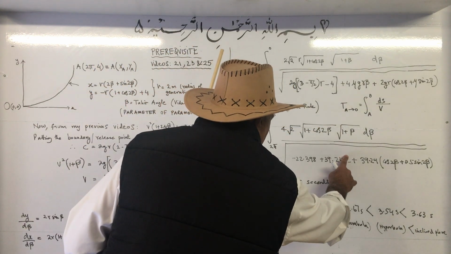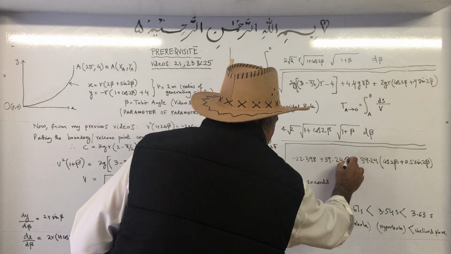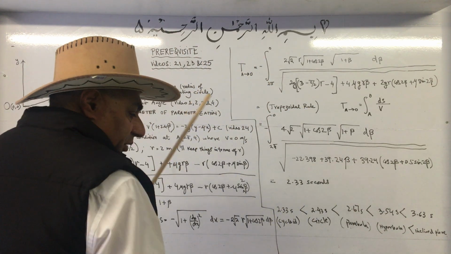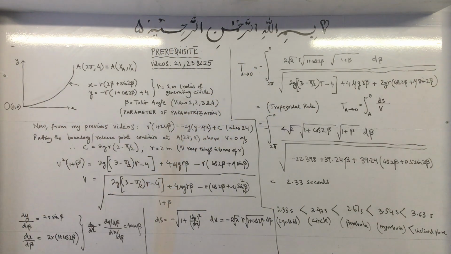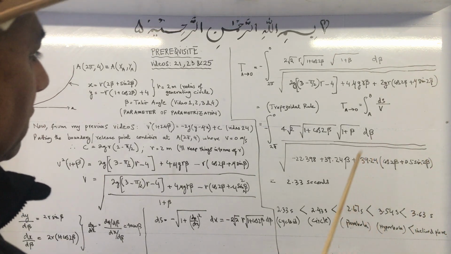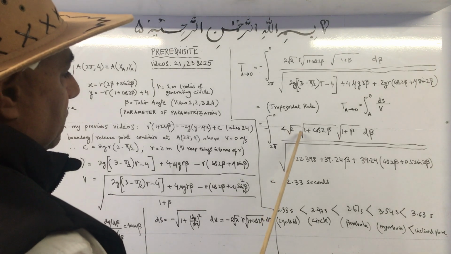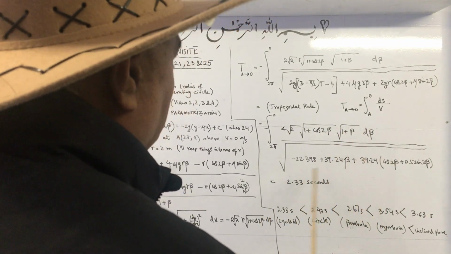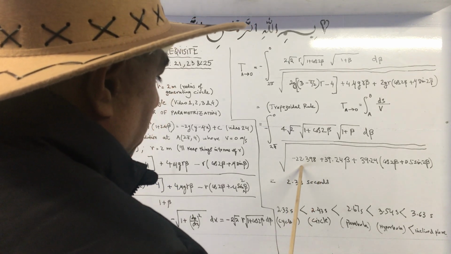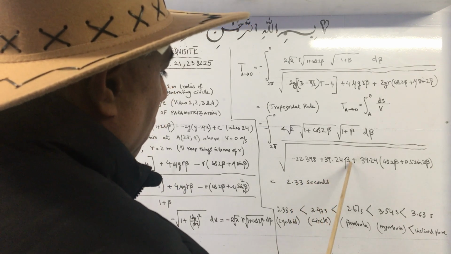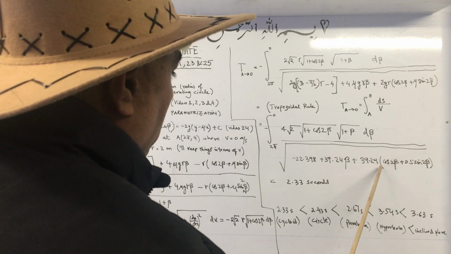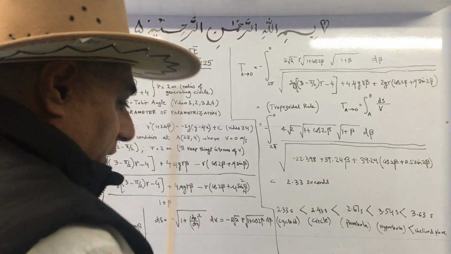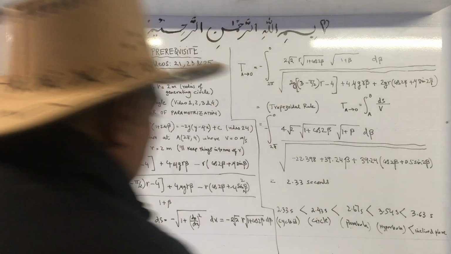This is in terms of beta, not x, but you can put x when you use any integral calculator. So the integral of minus 4 times 2 square root of 1 plus cos 2 beta over square root of 1 plus beta d beta is equal to minus 22.398 plus 39.24 beta plus 39.24 cos 2 beta plus 0.52 beta.